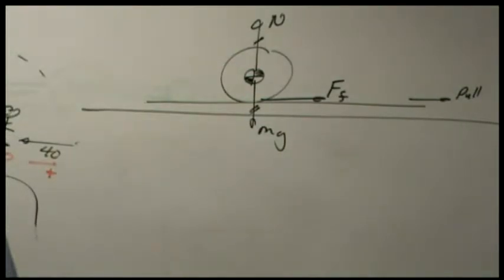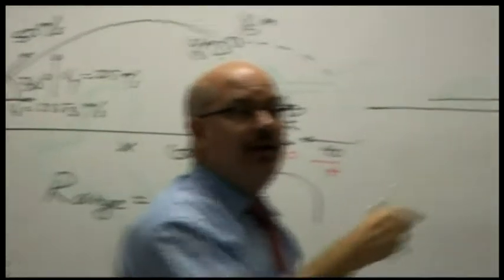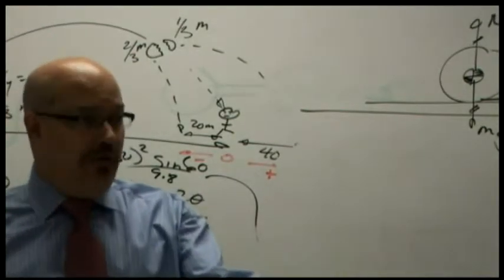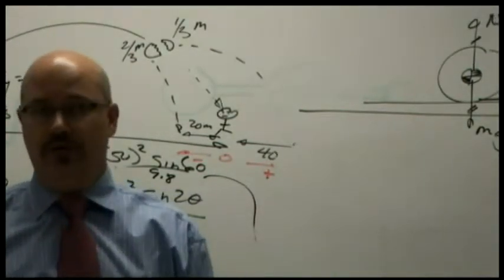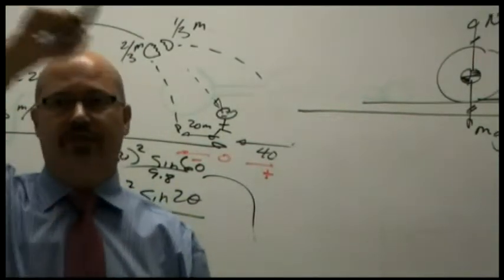All right, so what will the object do? What will its center of mass do? It has to accelerate that way. Now the object itself is going to roll though, right? Which way is it going to roll? Counterclockwise, this way.